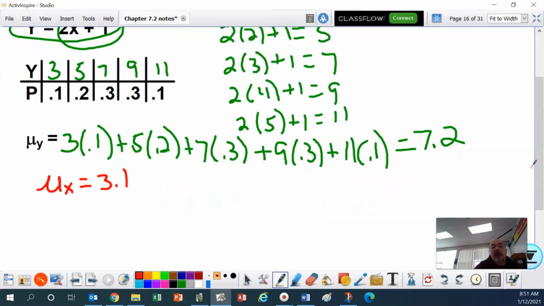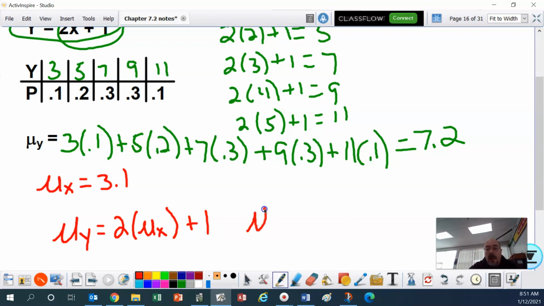Now notice my notation here, folks. If I want to know the expected value of y, all I need to do is take 2 times the expected value of x and add 1 to it.